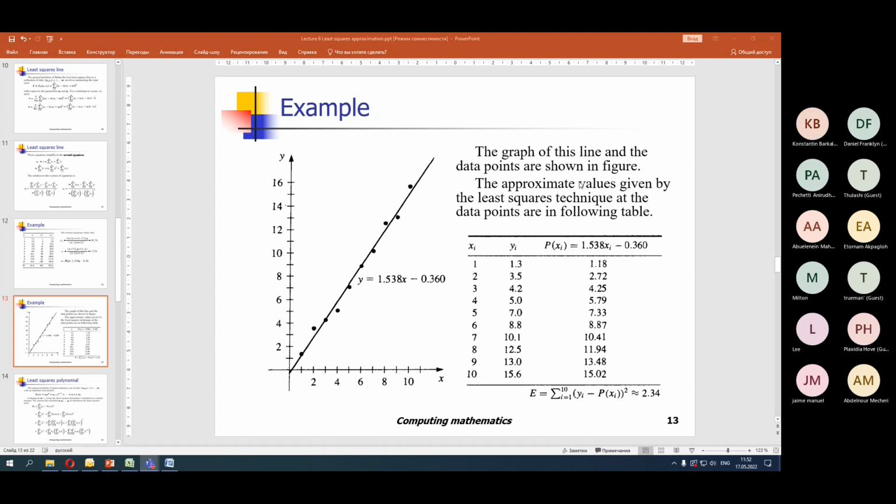And the approximate values given by the line are written here in this table. This is x, this is y, these are the real values, and these values are the values of the polynomial of the first degree, the line, p of xi.